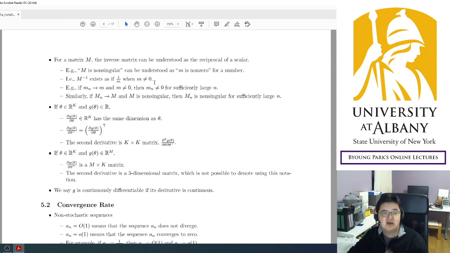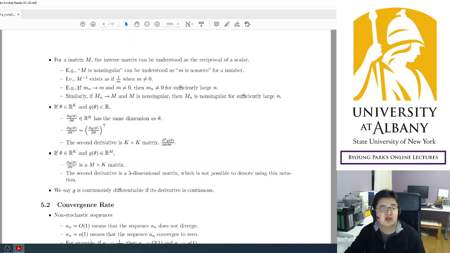A similar assumption is required for a matrix too: m should be non-singular. When m is singular, you can understand it as the matrix equaling 0. More rigorously, if the determinant of the matrix is 0, then the matrix is singular. If you know what the determinant is, that will be good, but you don't need to.